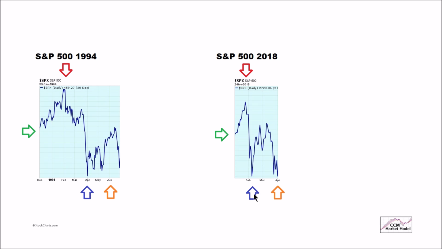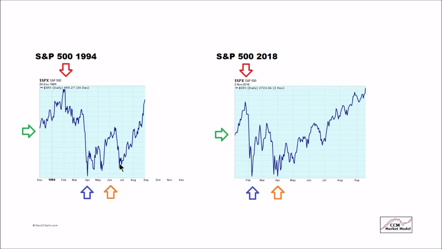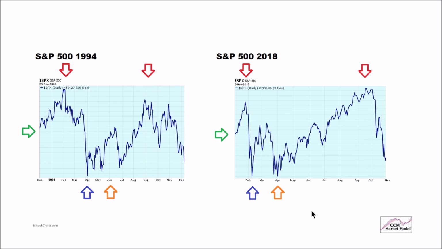And in both cases, from that retest low, we got a sharp rally. From this retest low, April of 2018, a sharp rally. And remember, we're looking for similar structures. We are not looking for identical structures. As we move forward in both cases, after the sharp rally, we had a very sharp fall.